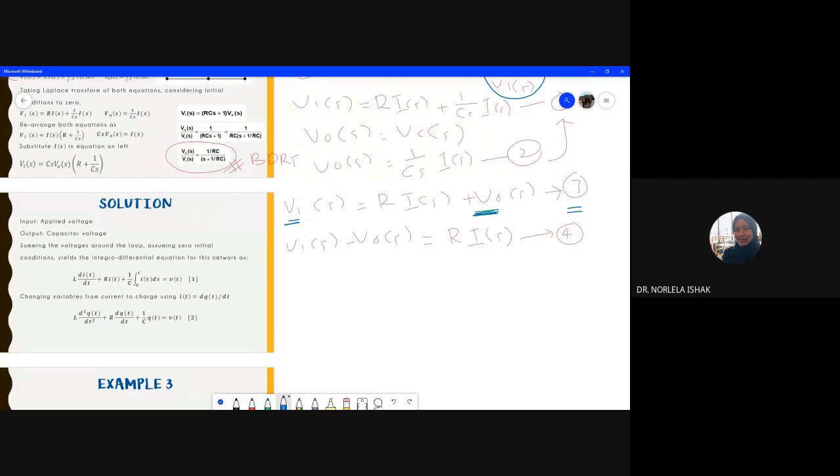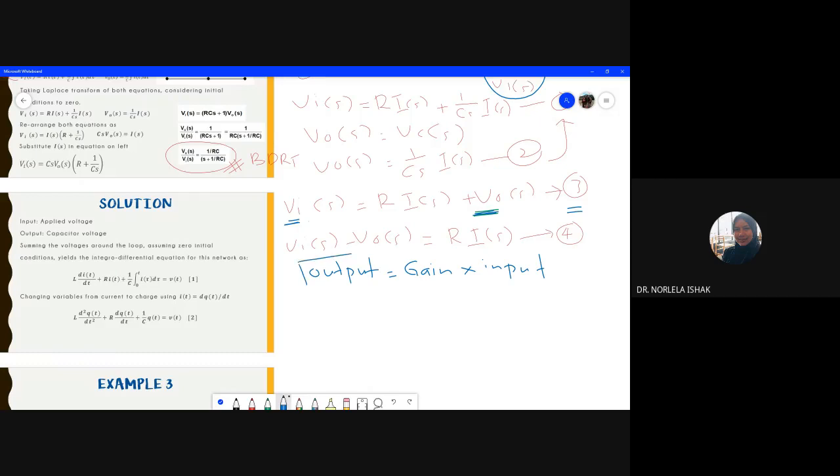So from here, I give you one hint on how to derive the equation before we draw the block diagram. You have to represent your equation as output equals gain multiplied by input.